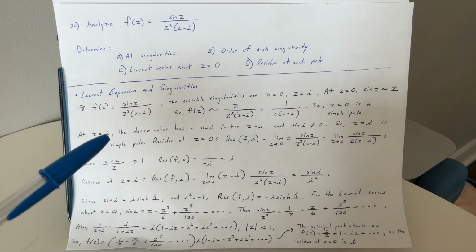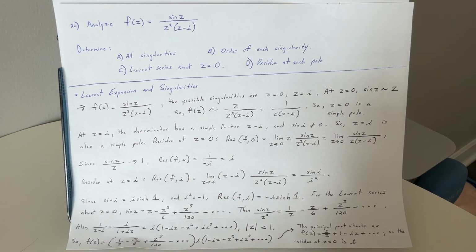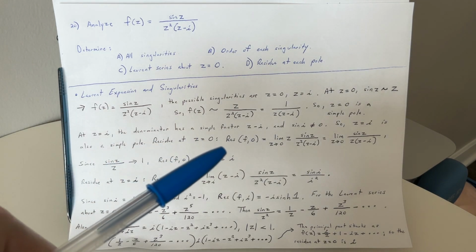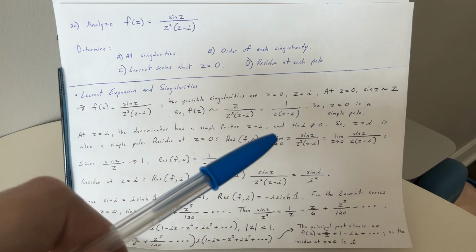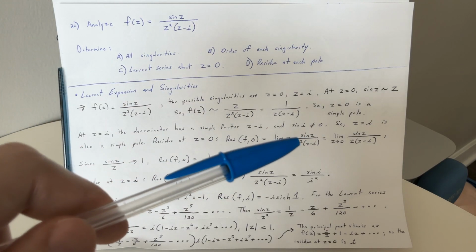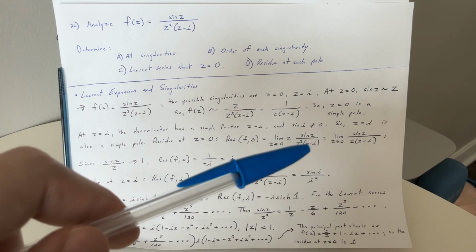At Z equals I, the denominator has a simple factor Z minus I, and sine of I cannot equal 0. So Z equals I is also a simple pole. The residue of F at 0 equals a limit as Z approaches 0 of Z times sine Z over Z squared times the quantity (Z minus I).